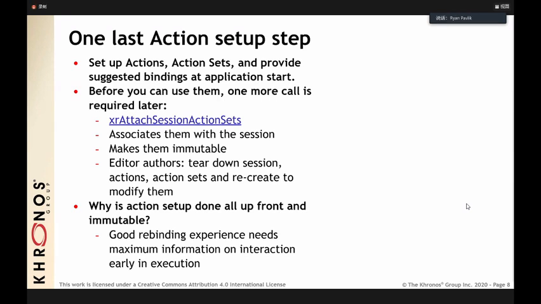If you were able to add actions and action sets later on during program execution, instead of just upfront, it would then interrupt the flow of your application if rebinding needed to be done a second time. Additionally, if a runtime supports sharing bindings between users, you'd be able to compose a binding that supports all actions only if the action setup is done all at once.